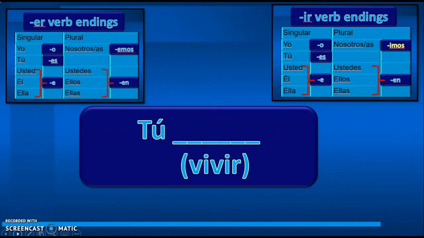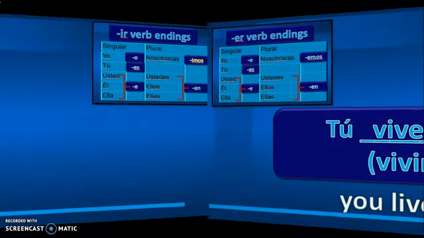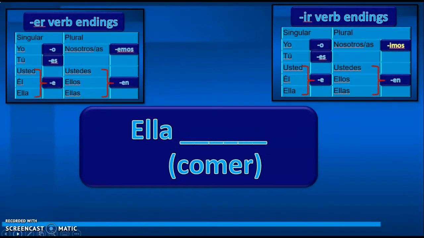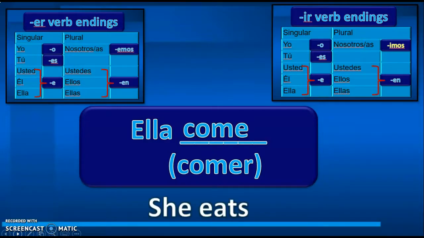So if your subject is tú and your verb is vivir, look at your chart and you'll see that the ending should be es. So you would have vives. You live. If your subject is ella and the verb is comer, look at the endings for ER. Ella, the ending is e, so the verb form would be come. She eats.